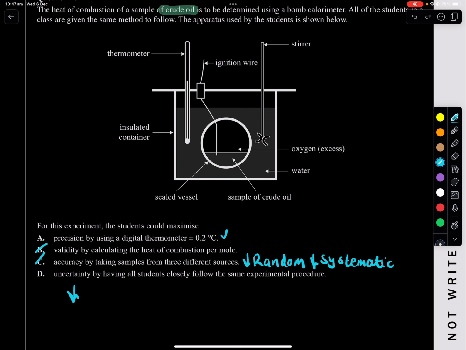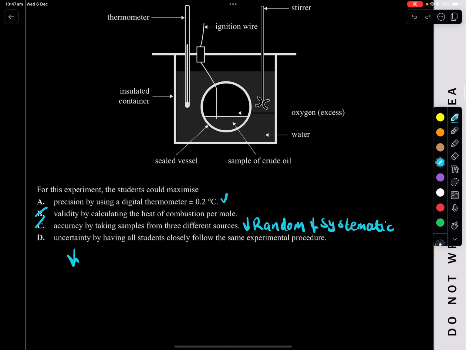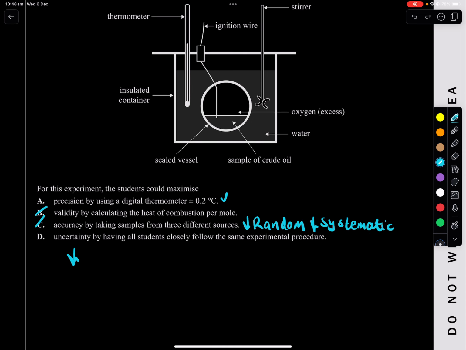Having all the students closely follow the experimental procedure is great because it decreases systematic error. If it decreases systematic error, the value of the uncertainty goes down. But we want to maximize it, so D is wrong.